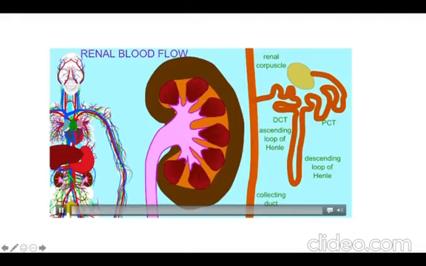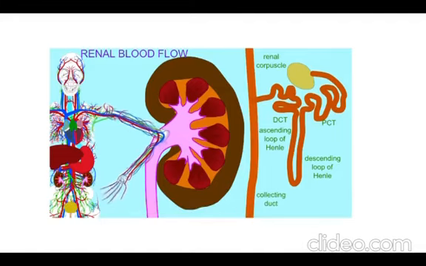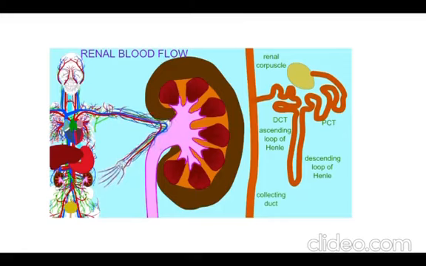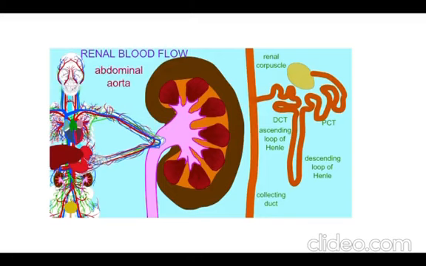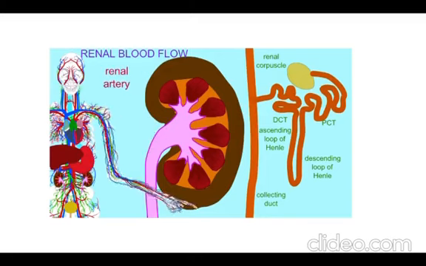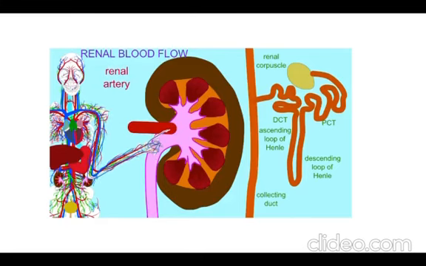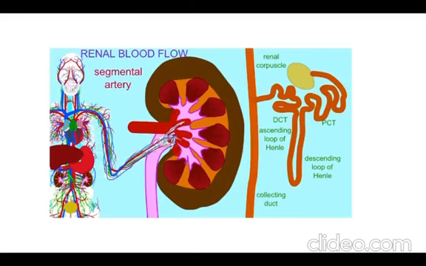The nephrons of the kidney have a unique blood flow. If one were to trace the flow of blood to a nephron and back, say beginning with the abdominal aorta, one would follow the renal artery as it enters a kidney. The renal artery then branches into 5 segmental arteries.